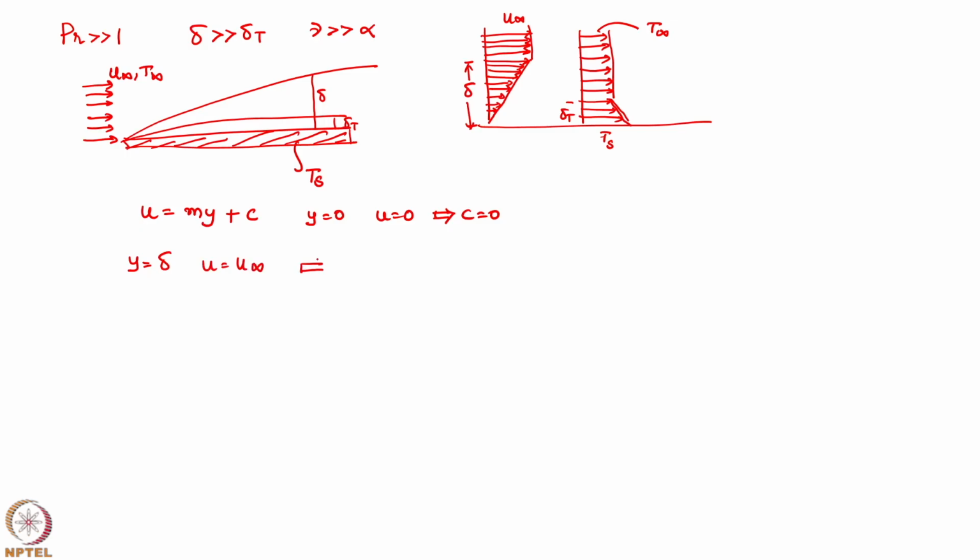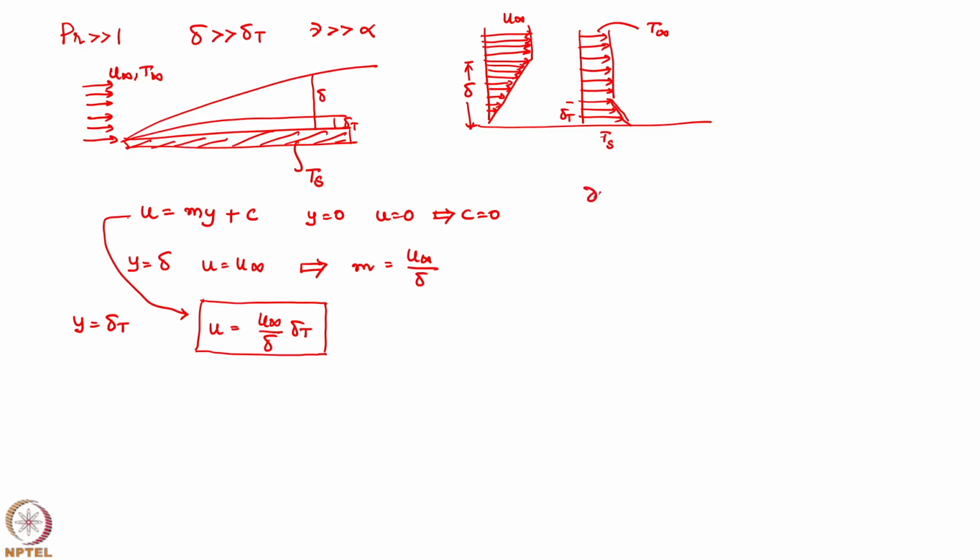That implies that m is equal to u infinity by delta. Now, when y is equal to delta T, what will be the velocity? That is u equal to u infinity by delta times y, with y as delta T. So, the scale of u at y equal to delta T is u infinity delta T by delta.